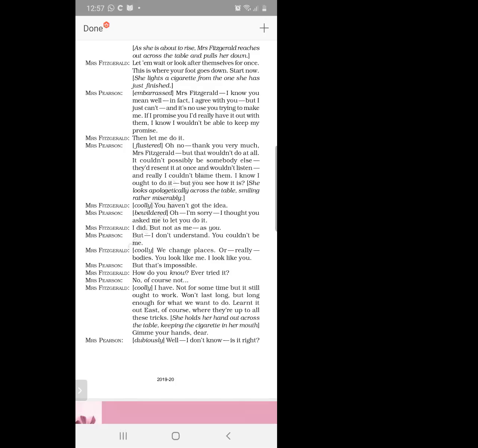Now here Mrs. Fitzgerald gives a suggestion to Mrs. Pearson. She's talking about interchanging the personalities of the two ladies. Mrs. Fitzgerald tells her that she has learned telling fortune, and has learned this thing also from the East: your body will be yours, but my personality will enter into your body, and my body will be mine, but your personality will enter into my body.